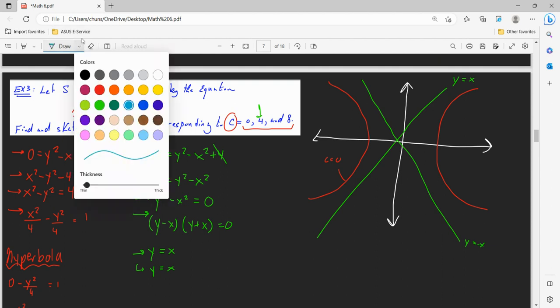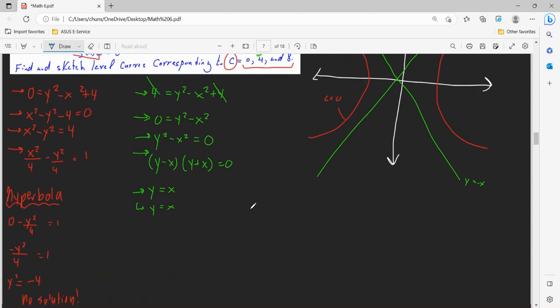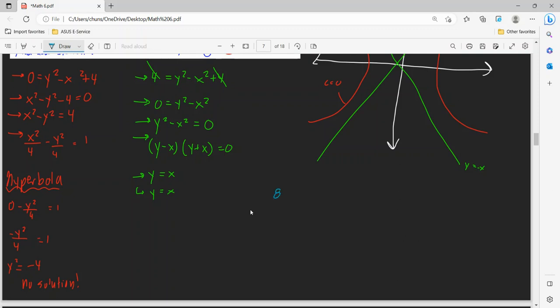Okay, and our last one is if we plug in 8. So if we plug in 8 on our left side, this gives us y squared minus x squared over 4 equals 1. So it's also a hyperbola, and we want to know which way it opens.